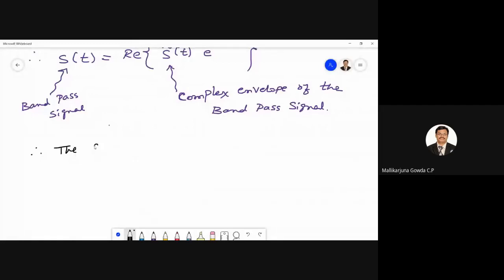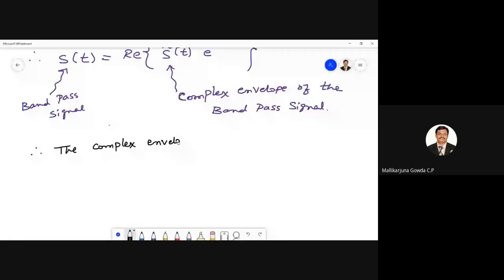What is the complex envelope? S tilde of t, okay, complex envelope of the band pass signal. What is that band pass signal?